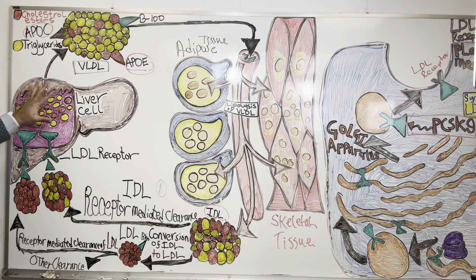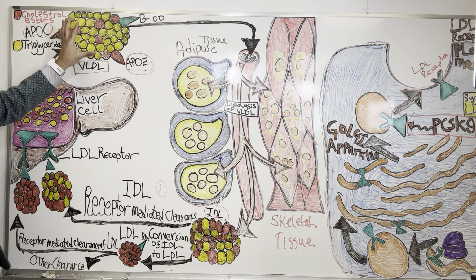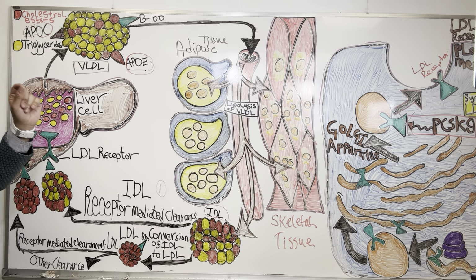So we identified the liver cell, and the liver cell bursts out and provides us with a complex known as VLDL. We will get into that, but for now, we're identifying our players. VLDL is the very first component that comes out of the liver cell. It's a mixture of yellow and red, with more yellow than red. That is very important.